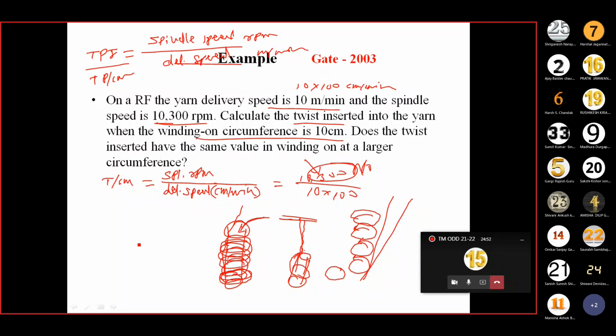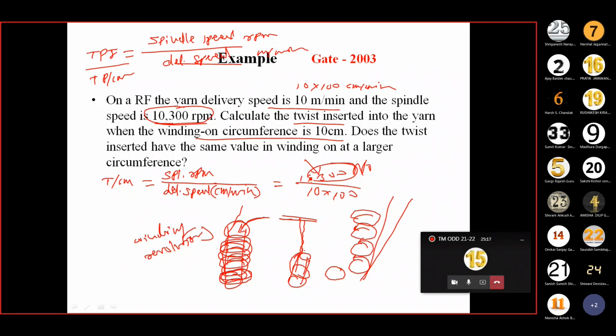It means we have to remove the winding revolutions from the total number of revolutions made by the spindle in a minute.